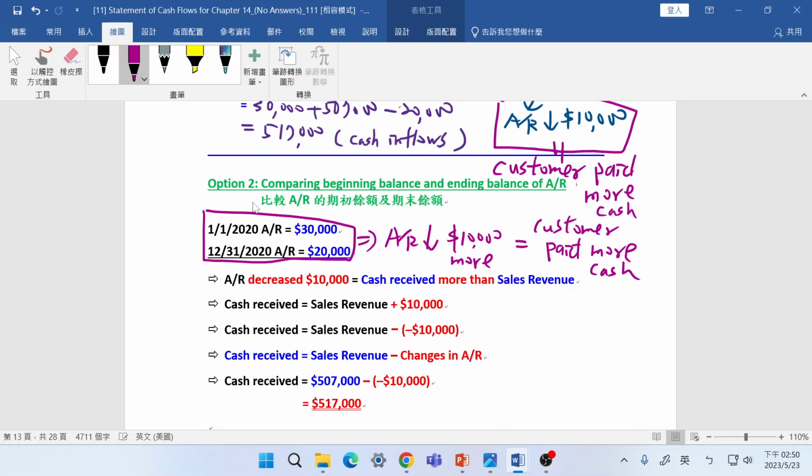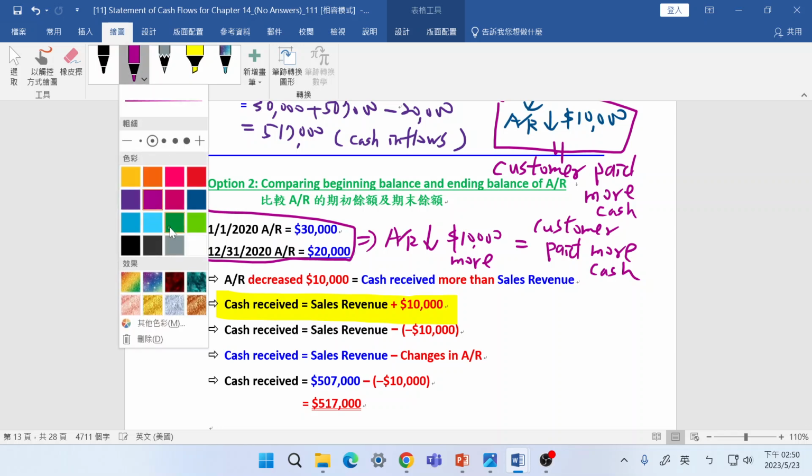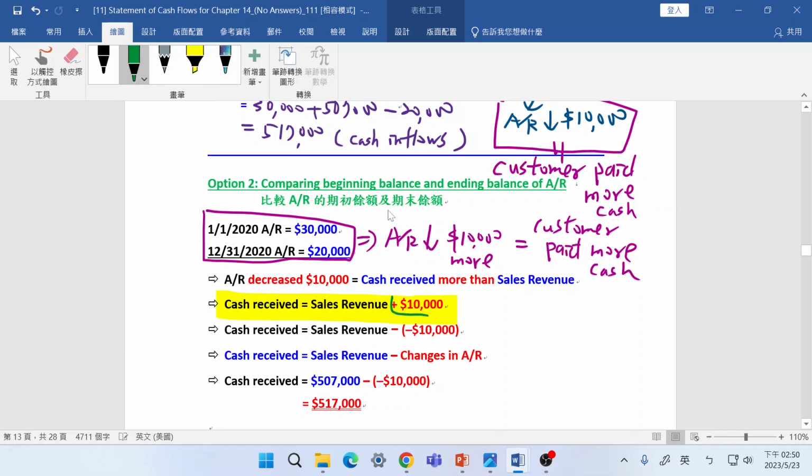So customers paid more cash than your sales revenue. So that's how you get your cash inflow: sales revenue plus $10,000, because customers paid more cash back to you. Based on this logic, I know customers paid more cash back to me. So this $10,000 is the extra cash customers paid.